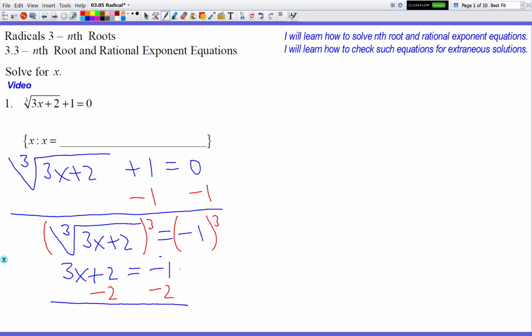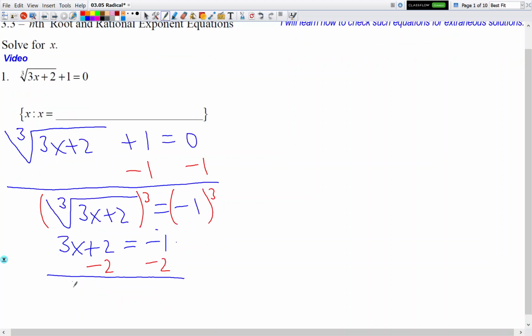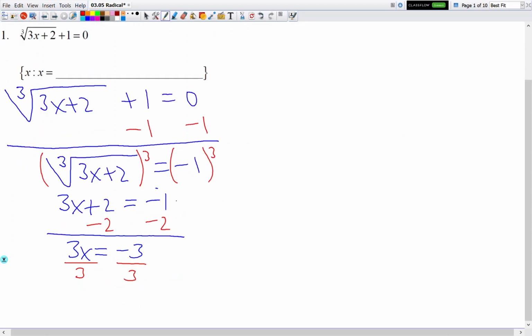We get 3x equals negative 3. Then we divide by 3 on both sides, and we get x equals negative 1.